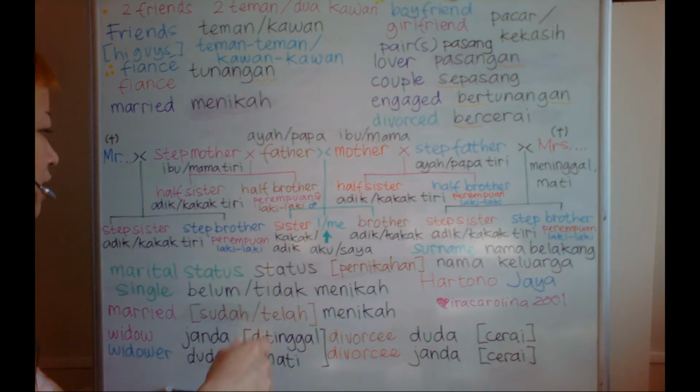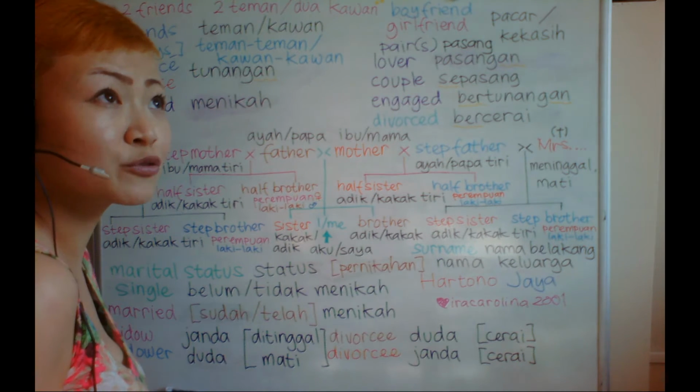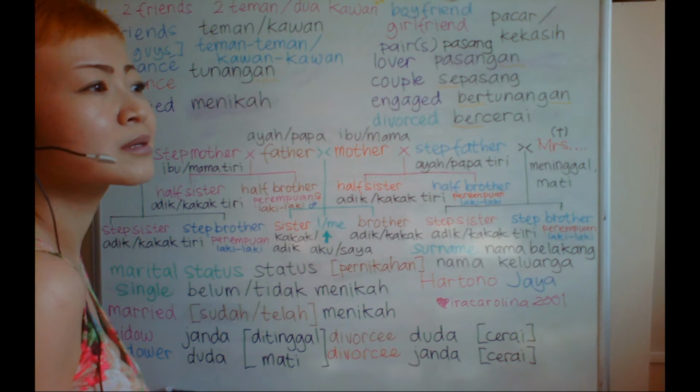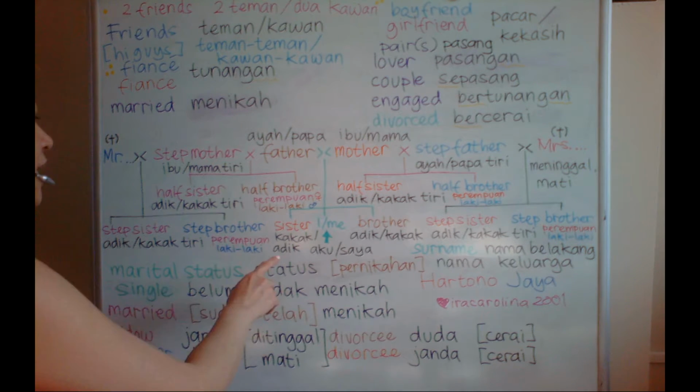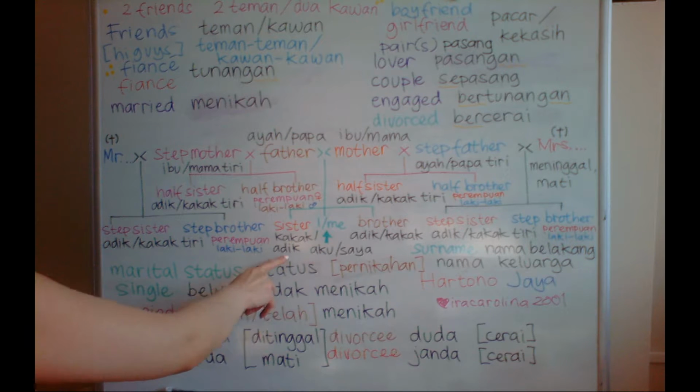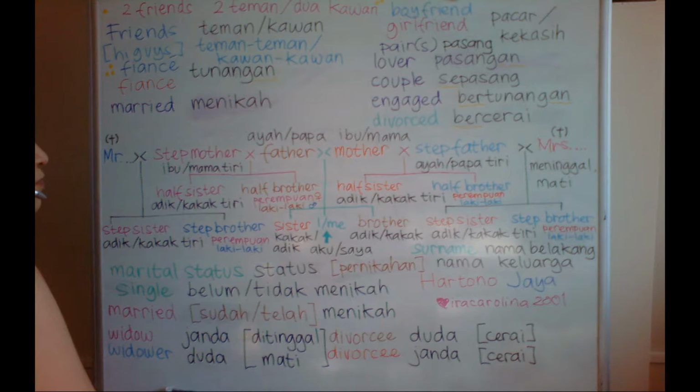Most of the time we just say kakak or adik. Sometimes you already know, sometimes you never know, sometimes you will know later. And it doesn't bother us. We just have to know if it's younger or older. Kakak, older, or adik, younger.